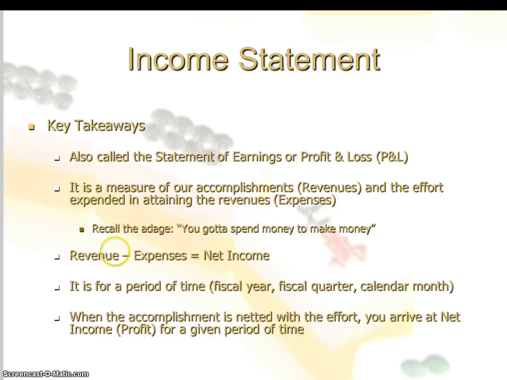So when you net the accomplishment against the effort it takes to get that accomplishment, you arrive at net income. Unlike the balance sheet, which is as of a point in time, the income statement is for a period of time. So the balance sheet is as of 12/31/2013. The income statement is for the 12-month period ending 12/31/2013.